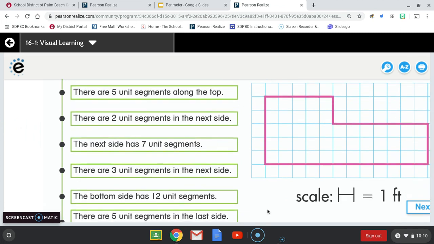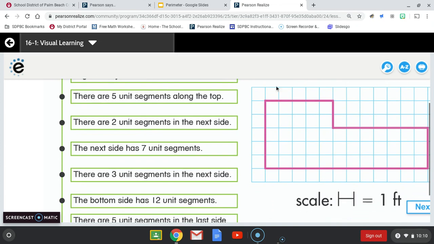We already know that there's 5 along the top: 1, 2, 3, 4, 5. Remember, we're not counting the boxes inside. Now we're counting along the entire length around.